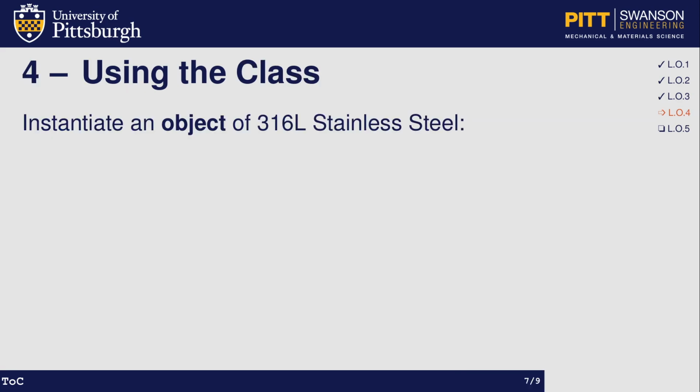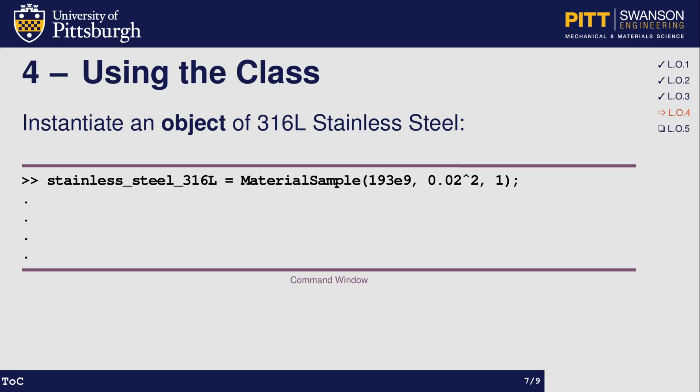Now, the first step of using a class is to instantiate an object of that class. In this case, we'll use 316 stainless steel, so we use the constructor and we pass in the Young's modulus, which I found online to be 193 gigapascals, followed by an arbitrary cross-sectional area of 2 centimeters squared and an initial length of 1 meter.